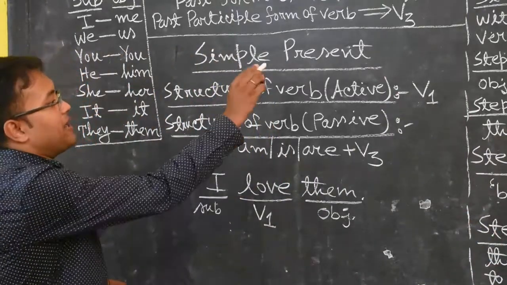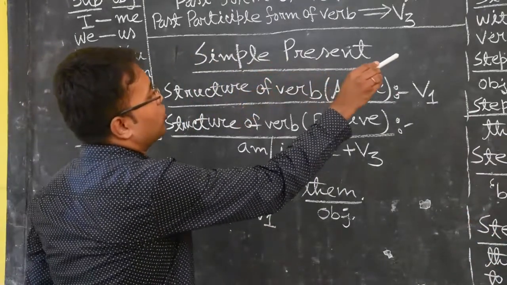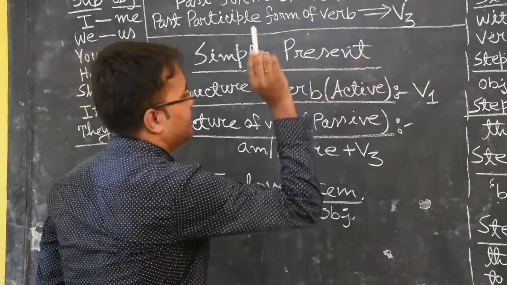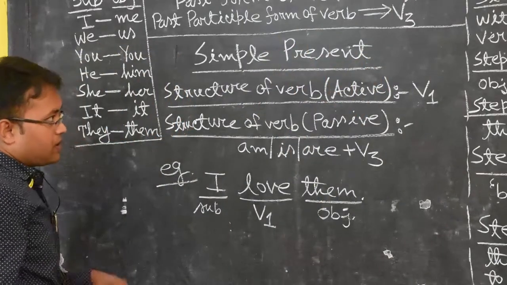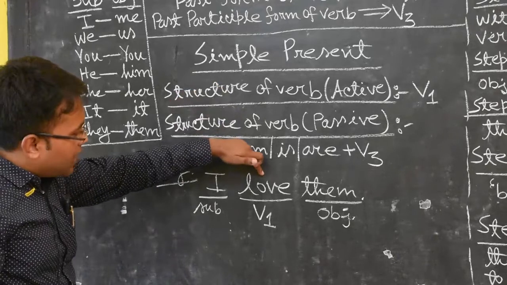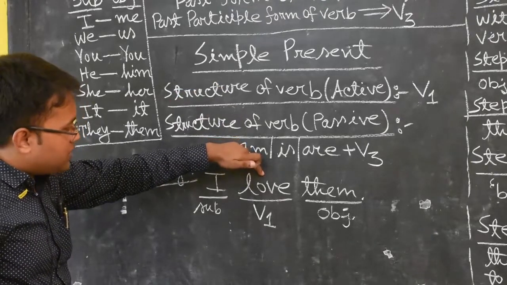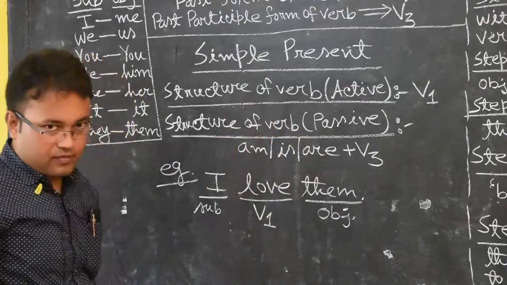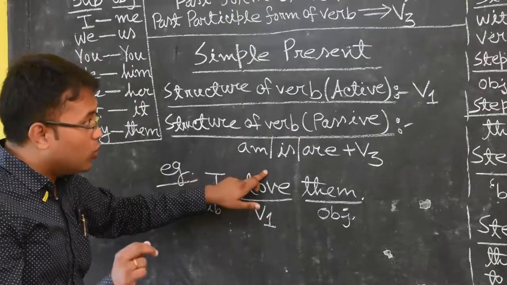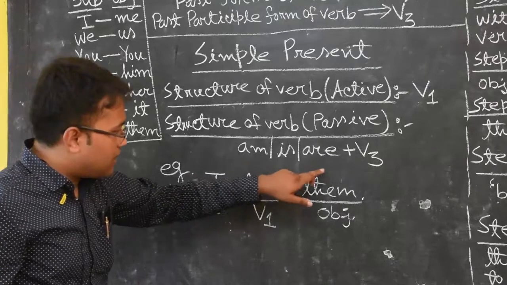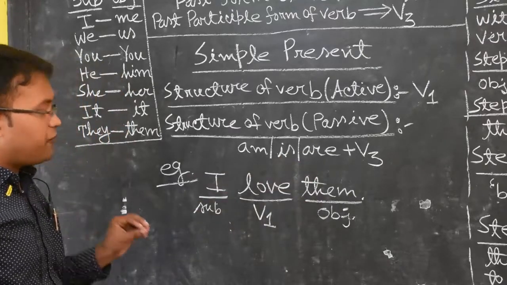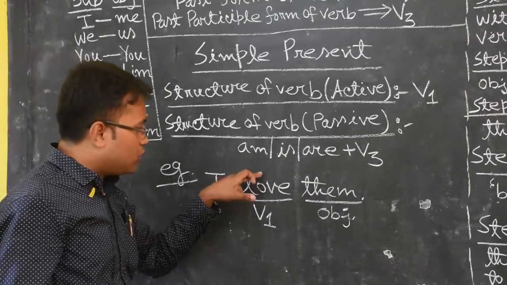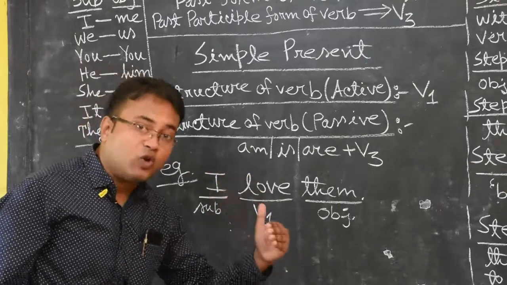First step. By asking question with what or whom to the verb, we have to find the object. If we ask question with what or whom to this verb, I love whom?